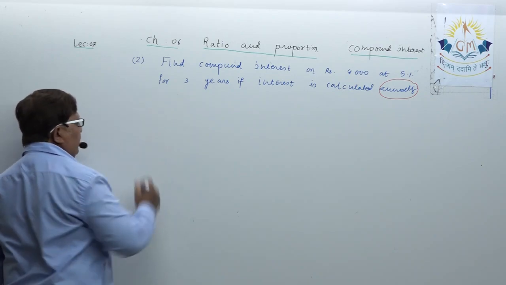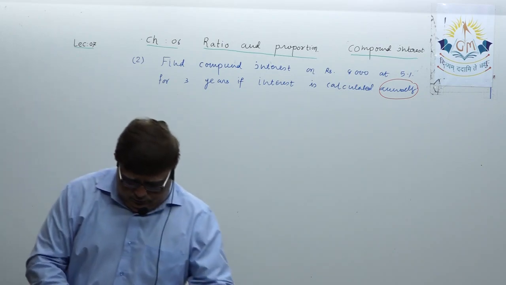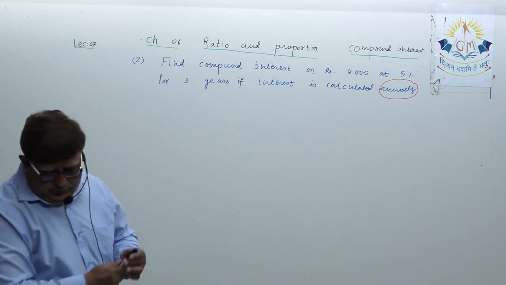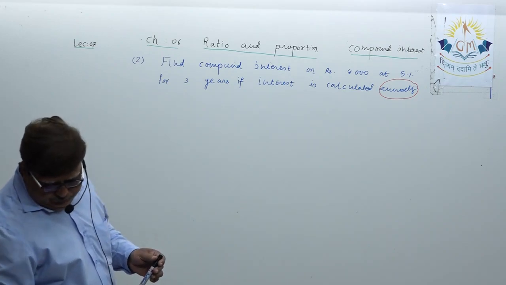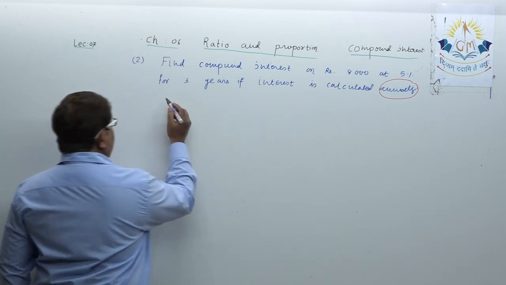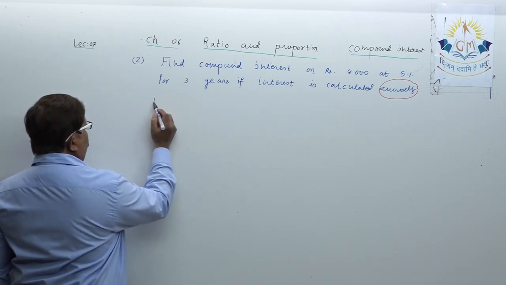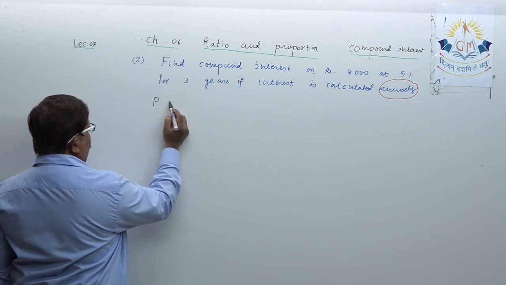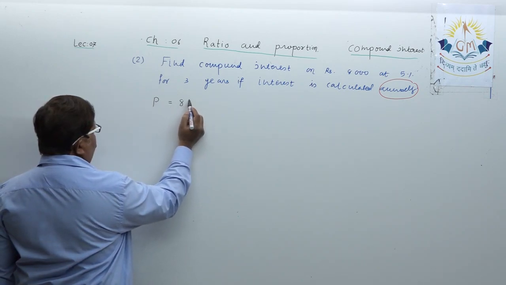Principal, what is that? P is 8,000 rupees, okay, dear student?